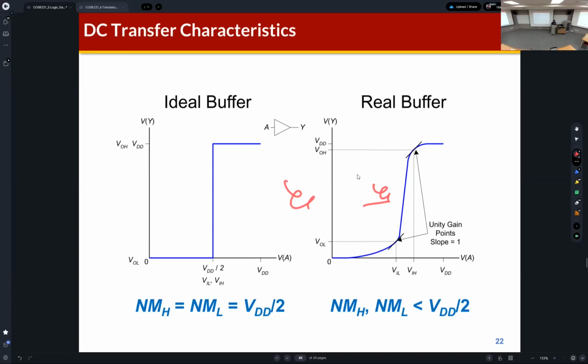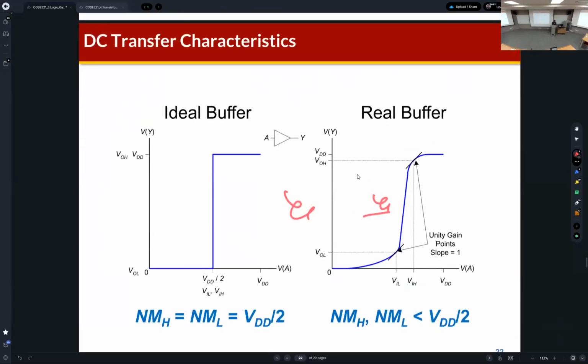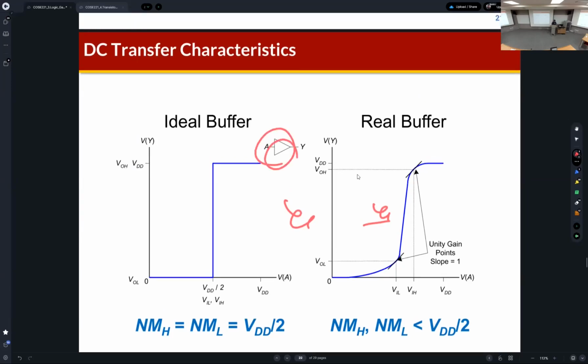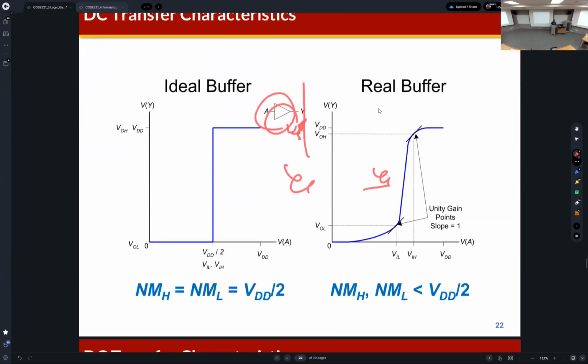I cannot use my finger. Oh, unfortunately. Okay, so this is the buffer. Oh, it doesn't work.